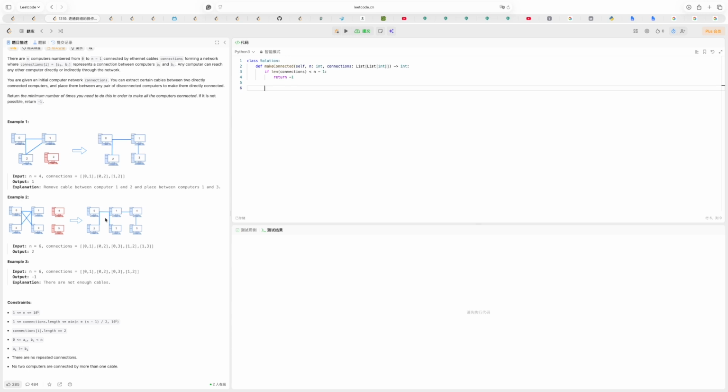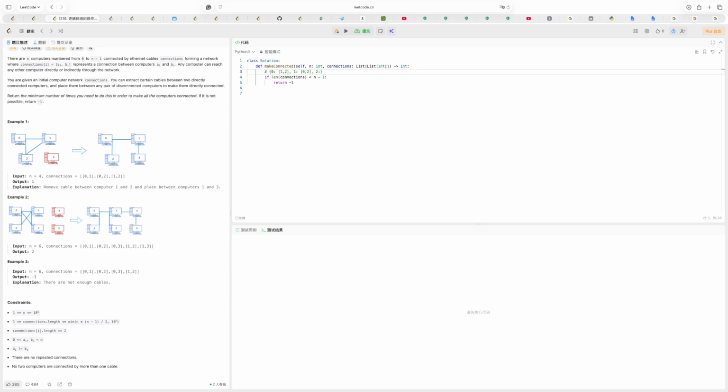I'm thinking, do we need to build an adjacency list? Yeah, if we build it, not sure if it's helpful. Okay, so for example 1, node 0 will have 1, 2, and node 1 will have 0, 2.